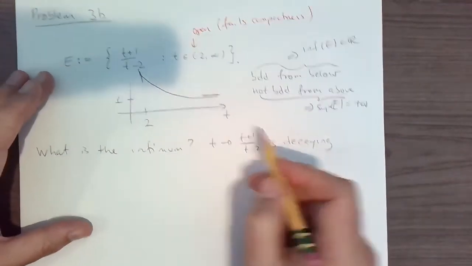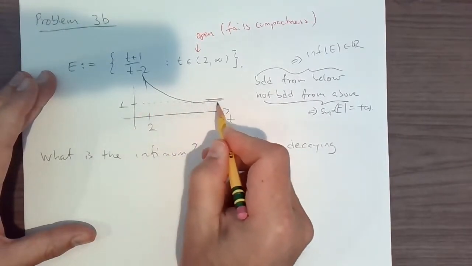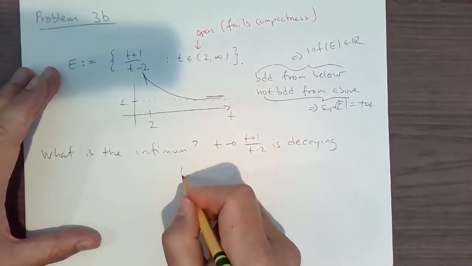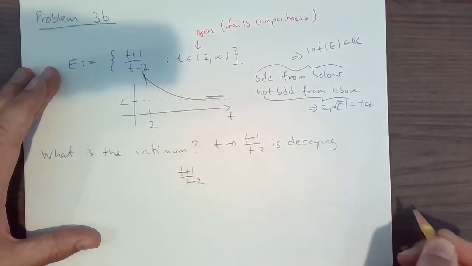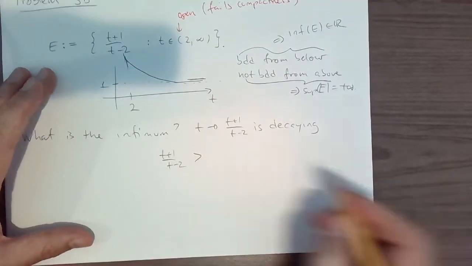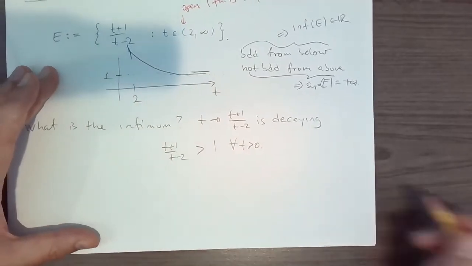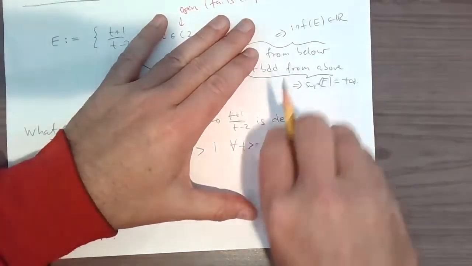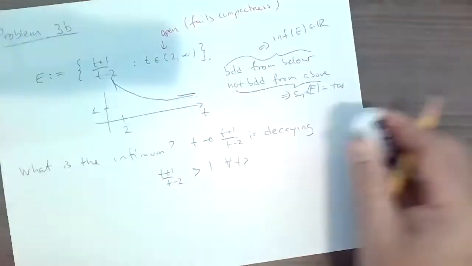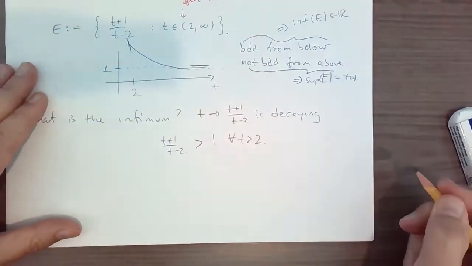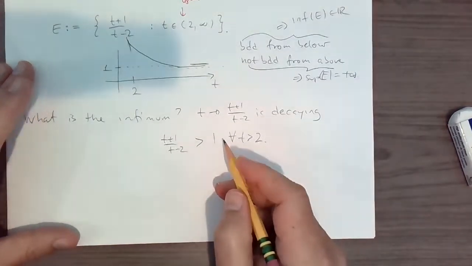So what is the smallest value? Well, the smallest value is going to be its limit, like t plus 1 over t minus 2 tending to 1. This is going to be strictly bigger than 1 for all t bigger than 2.